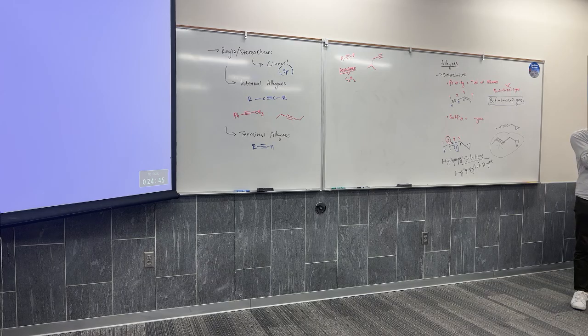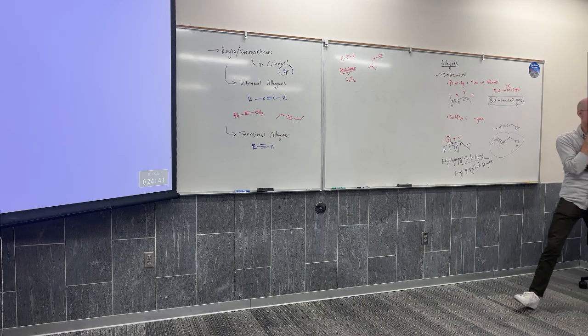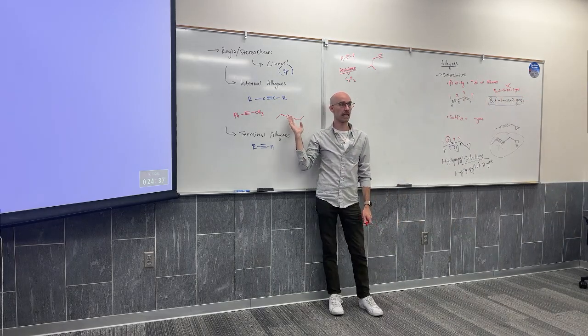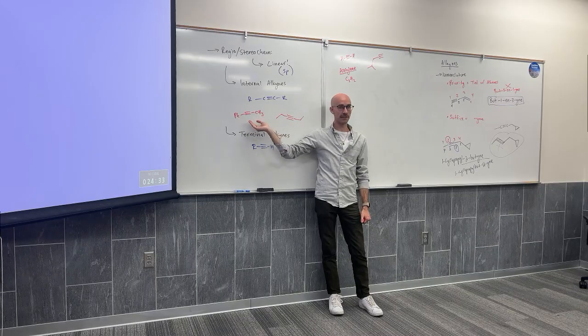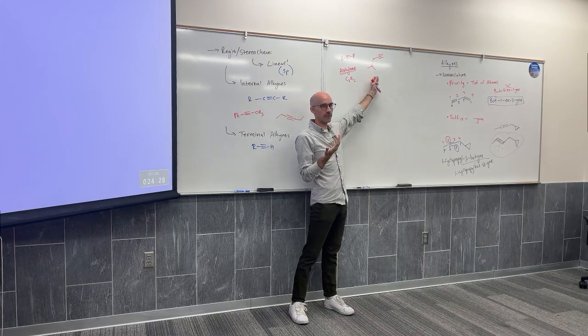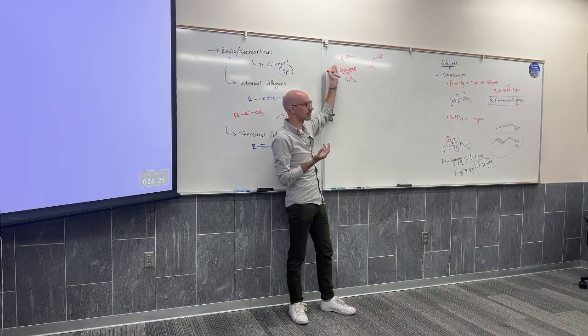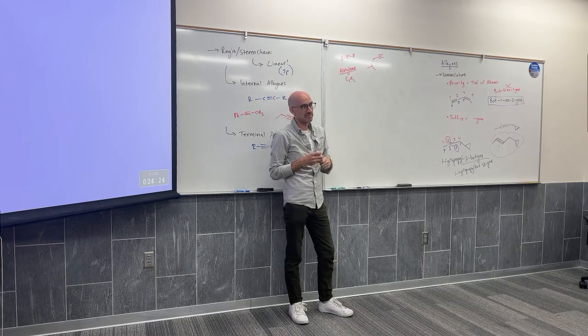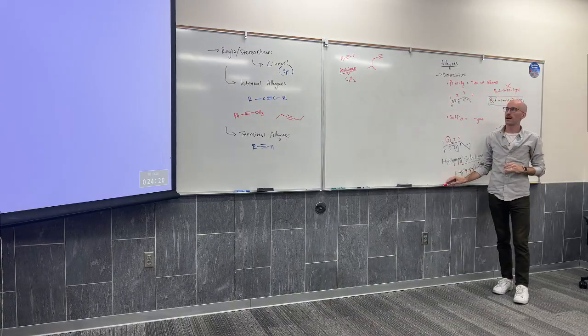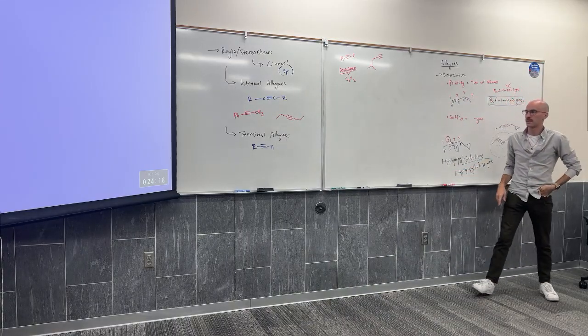So when it comes to regiochemistry, you can have something that's internal and symmetric, internal but not symmetric, or terminal, which will never be symmetric unless it's acetylene, in which case it is totally symmetric.